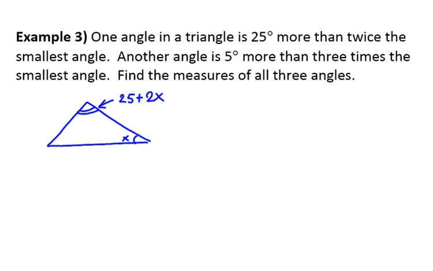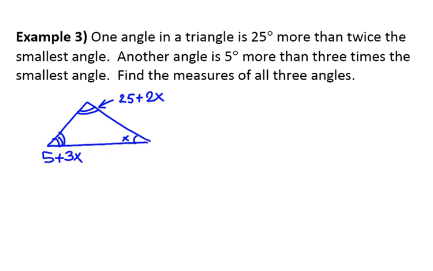And the third angle is 5 more than 3 times the smallest angle, so 5 plus 3x. So we have our 3 angles. We were reminded earlier that the 3 angles always add up to 180 degrees.